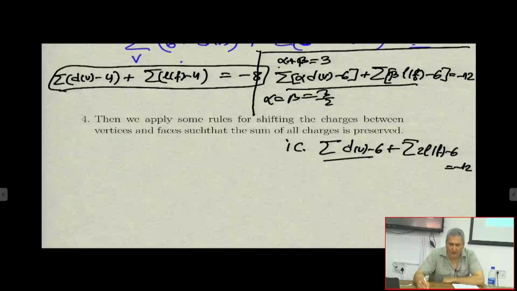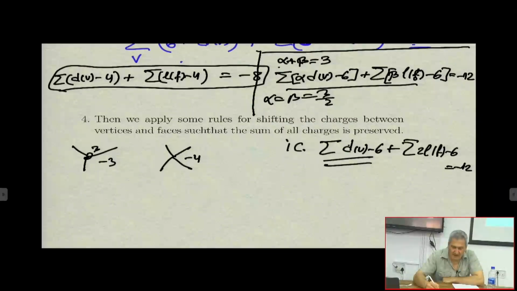Here there will be only 3 vertices with initial charge -3, 4 vertices with -2, and 5 vertices with -1.